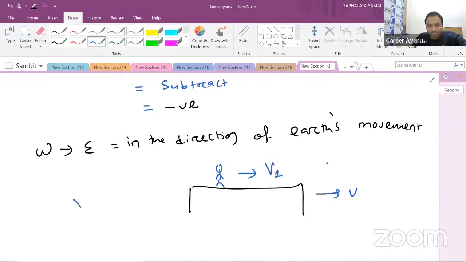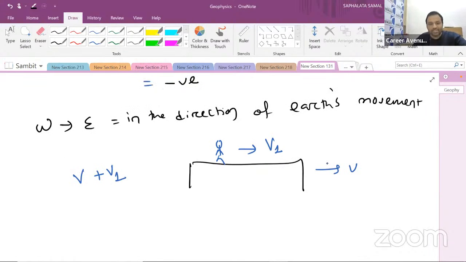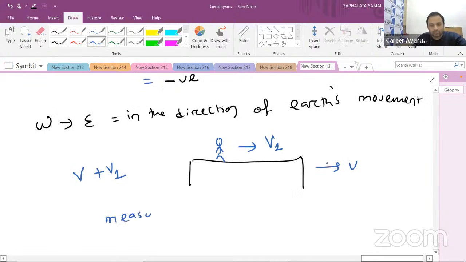The velocity will add up because both are moving in the same direction, v plus v1. When velocity is increasing, because of addition, acceleration will also increase. That means centrifugal acceleration will increase, gravity value will decrease. So G value will come less. Measured G value will be less than the actual G value.